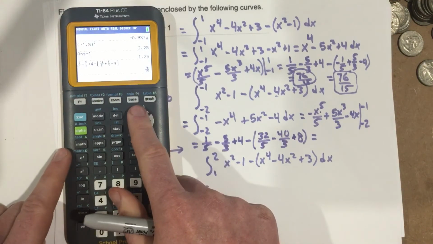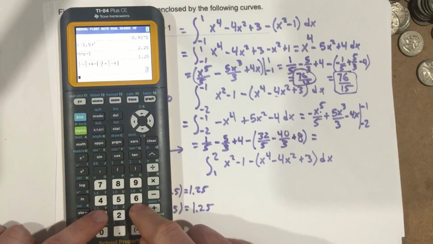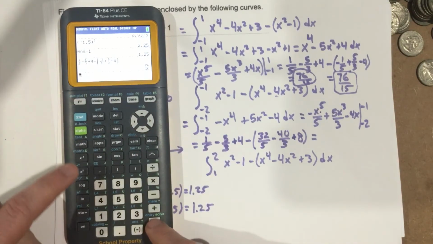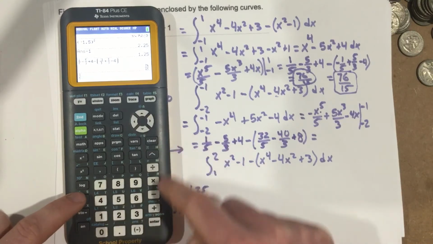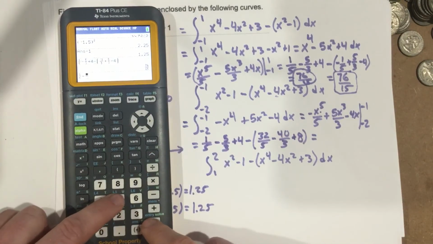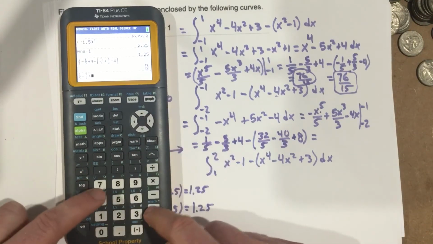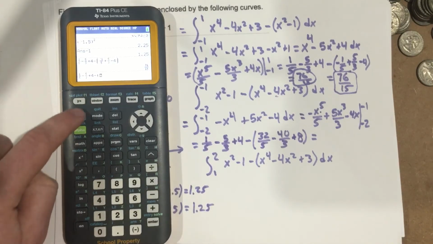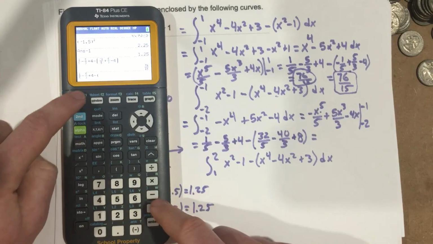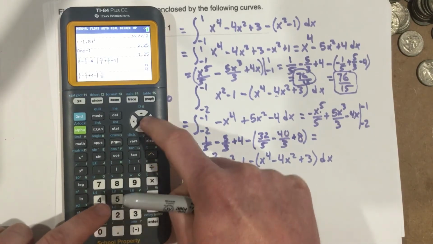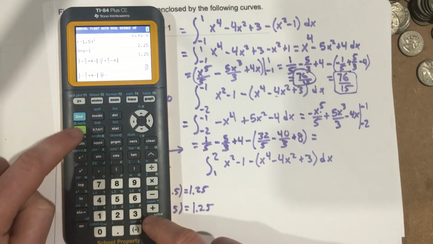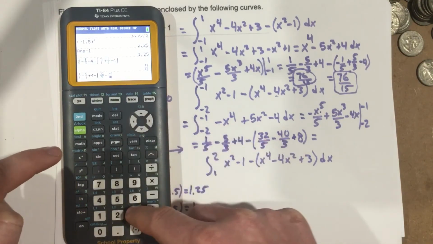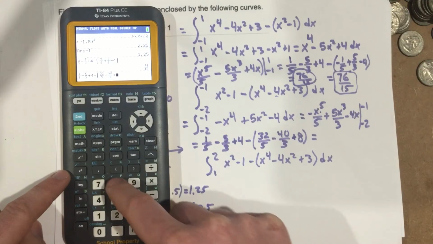So we get 1/5 minus 5/3 plus 4 minus 32 over 5 minus 40 over 3 plus 8.